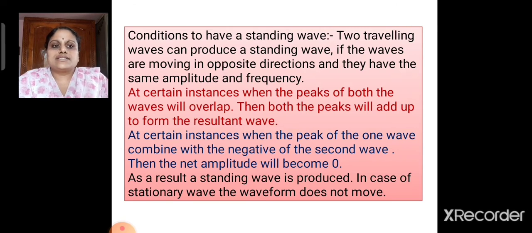At certain instances, when the peak of one wave combines with the trough of the second wave, then the net amplitude becomes 0. In these two cases, standing waves are produced. In the case of a stationary wave, the waveform does not move.